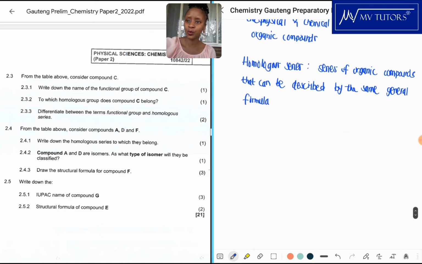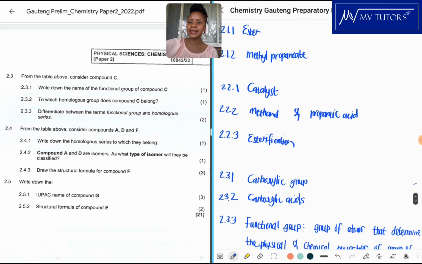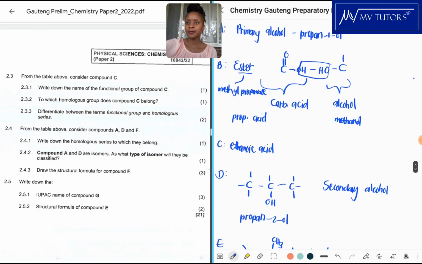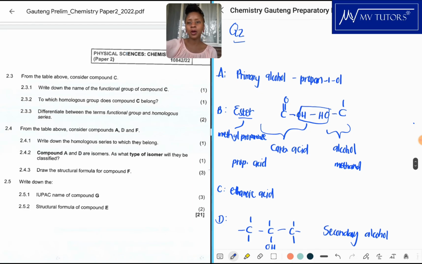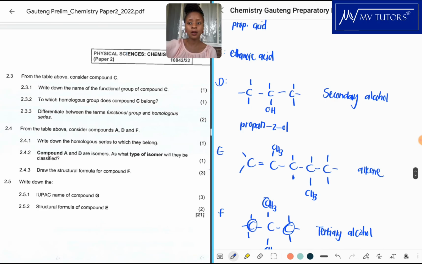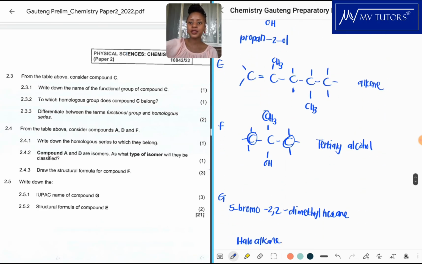Now we can go to 2.4. It says from the table above, consider compounds A, D, and F. Okay, A, D, F. A, we had the primary alcohol, propan-1-ol. D, we had the secondary alcohol, propan-2-ol. And then F, we have a tertiary alcohol, which was the methyl group and the OH group on the second carbon.